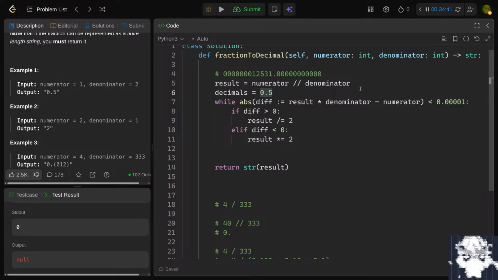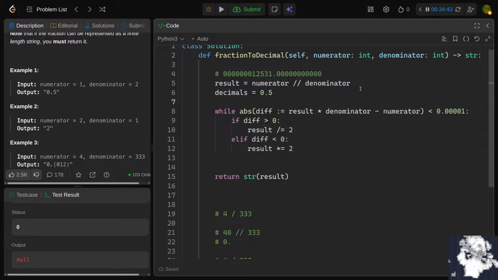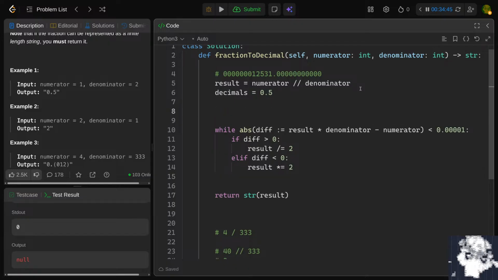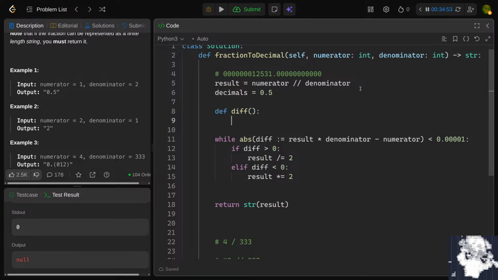This is getting a little hard to read, so I'm just going to say diff is result plus decimals.